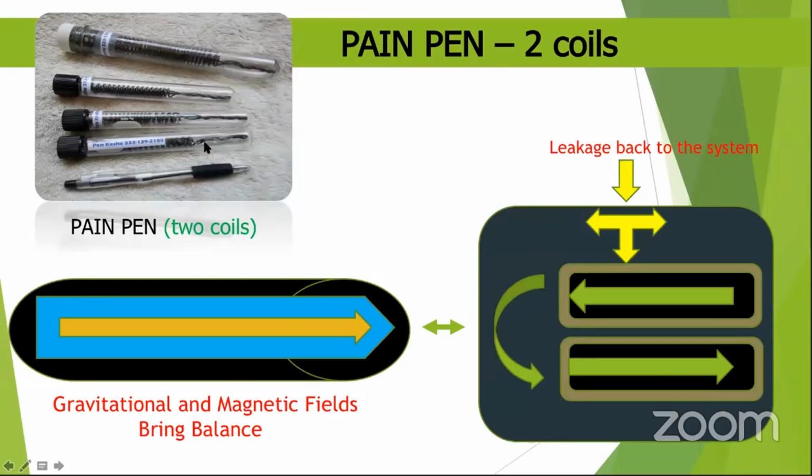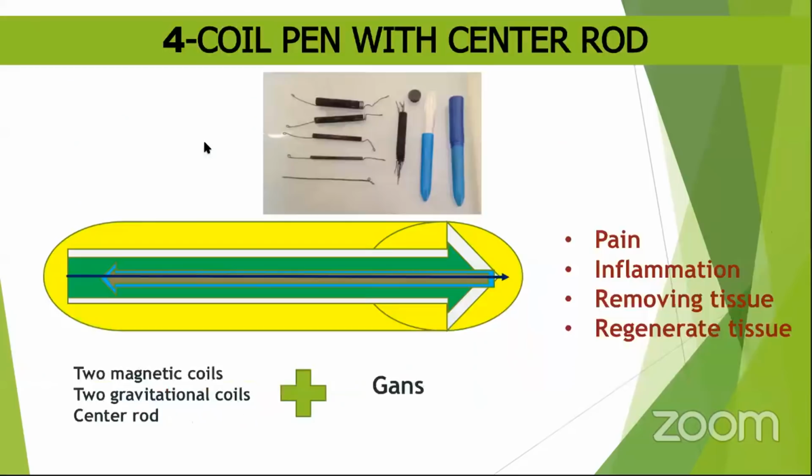You can make coils. You will understand in the future how to make different ones. You create stronger fields. I personally use this very often, using 4 coils in a center rod to create different conditions in the body. I use it for pain, for inflammation, for removing tissues or regenerating tissue.